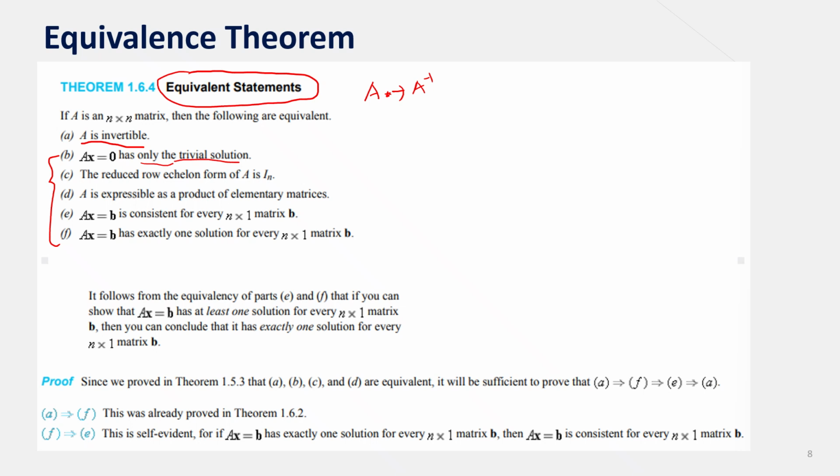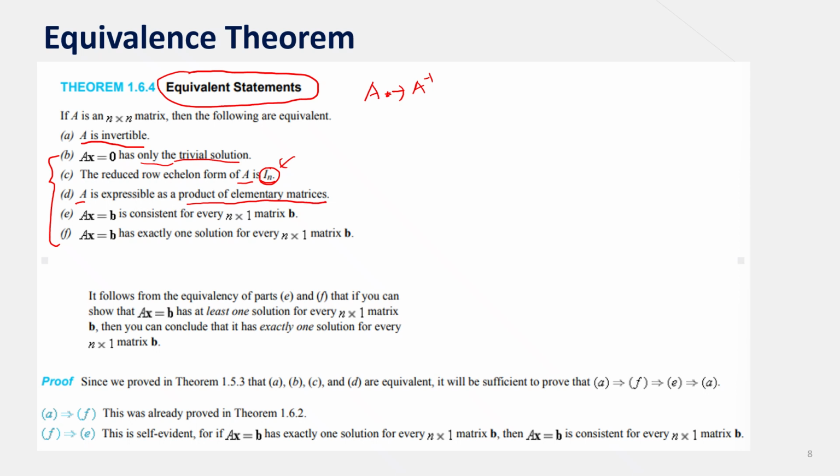Okay, and then the reduced row echelon form of A is I_n. So there is a reduced row echelon form of this matrix A. And then A is expressible as a product of elementary matrices.